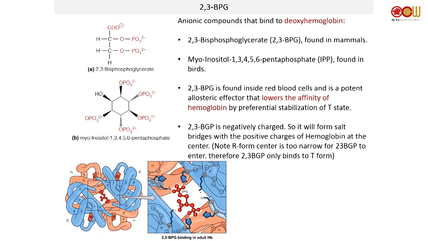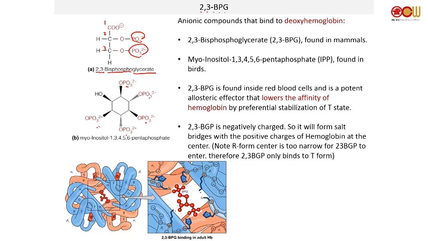The other thing that I want to talk about is this thing called 2,3-bisphosphoglycerate. So 2,3 means here is carbon 1, 2, 3. Bisphospho means it has 2 phosphates. Glycerate is this molecule without the phosphates. So 2,3-BPG is a compound that's found in mammals. In birds and similar animals, you have this thing called IPP, which is myo-inositol 1,3,4,5,6-pentaphosphate, so it has 5 phosphate groups.